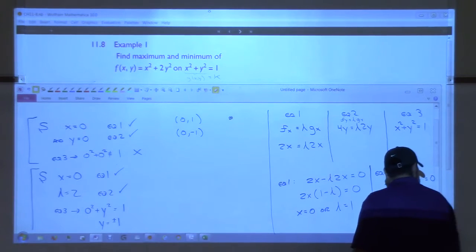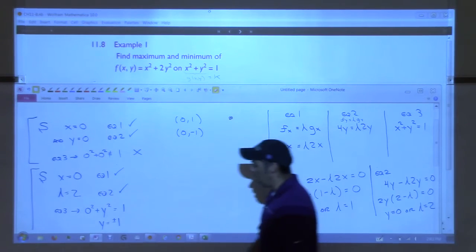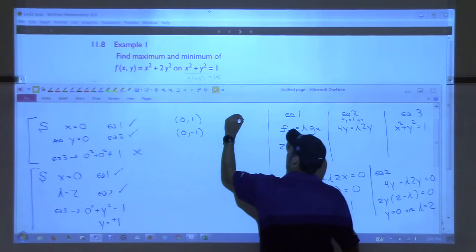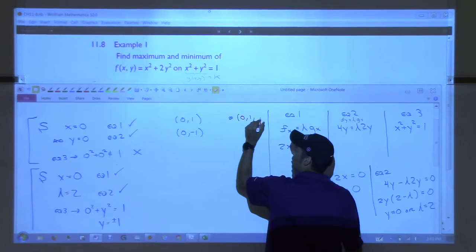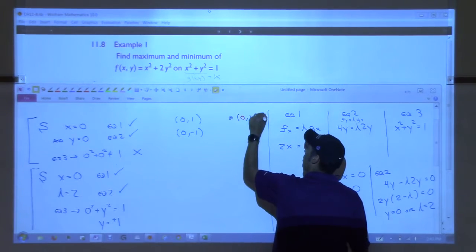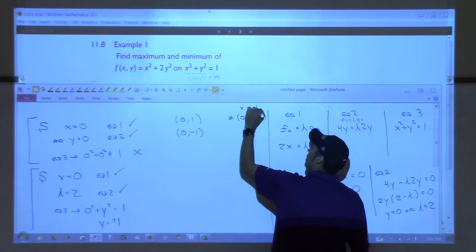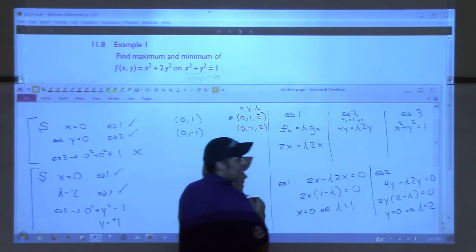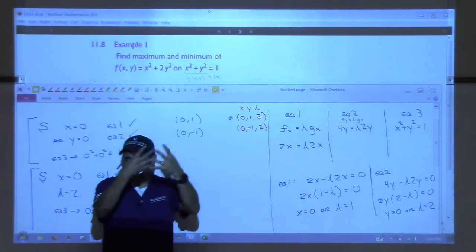Now, a lot of times books and authors will have you not only find the x and y, they'll have you write down 0, 1, and then they'll actually have you write down lambda too. So they'll have you write x, y, and lambda. And so these are your x, y, lambda triples that satisfy all 3 equations.